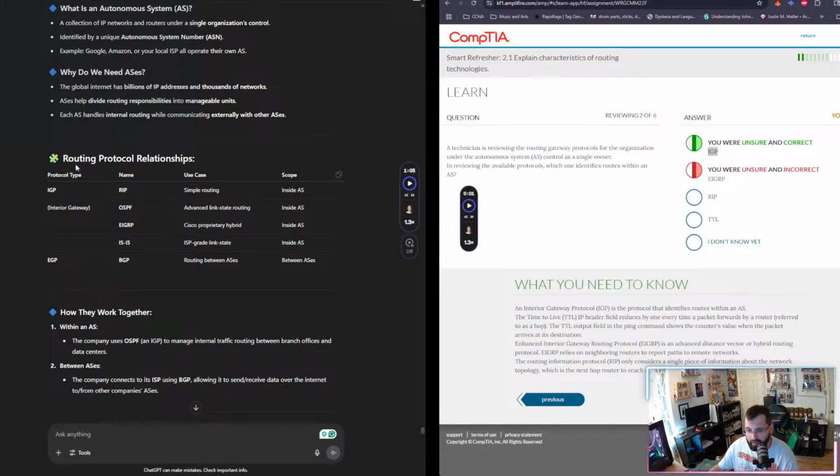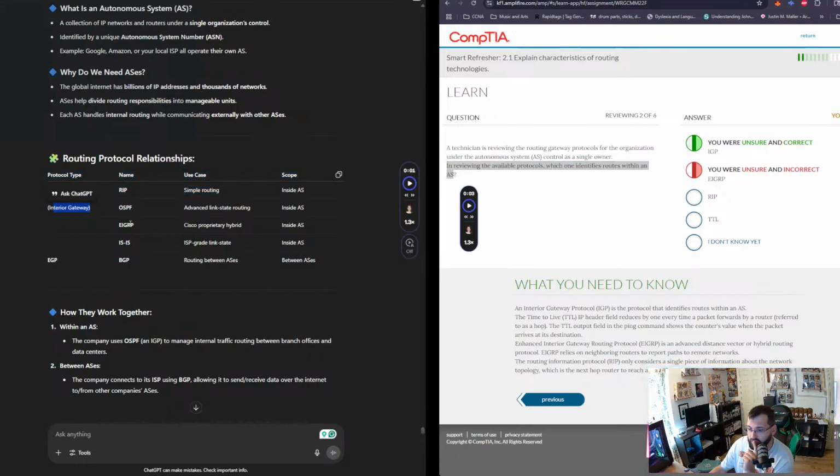Interesting. So we have a little table here. Routing protocol relationship. We have IGP, which is what the answer was. Name RIP. Interesting. I don't understand how IGP relates to RIP. Simple. Oh, because it's used for simple. A technician is reviewing routing gateway protocols for the organization under the autonomous system controlled as a single owner, and reviewing the available protocols which identifies routes within an AS. So this is inside of RIP.